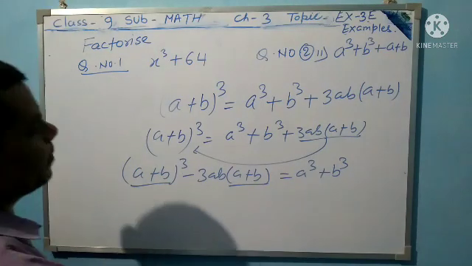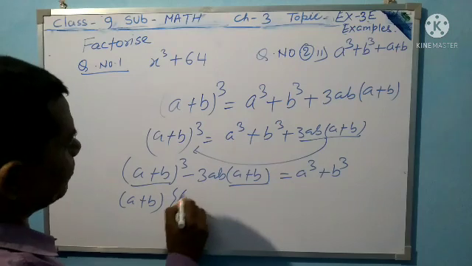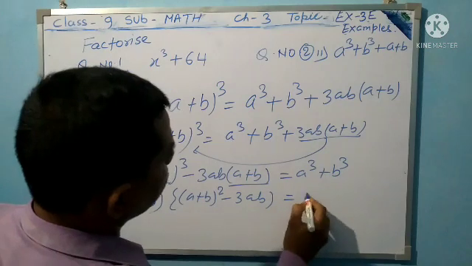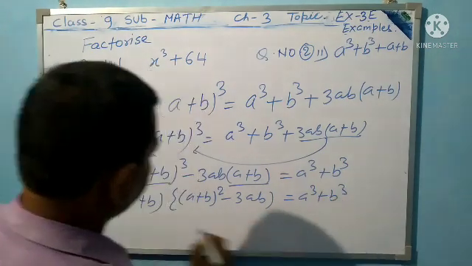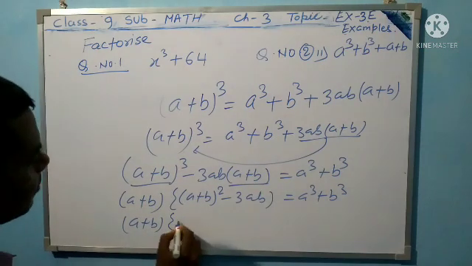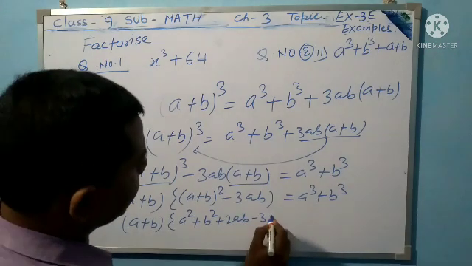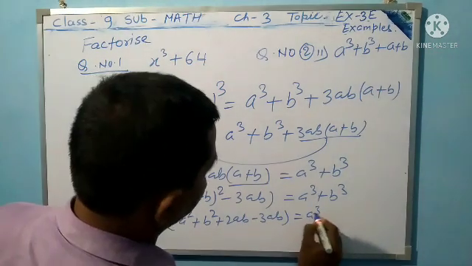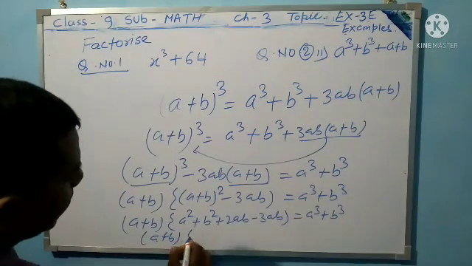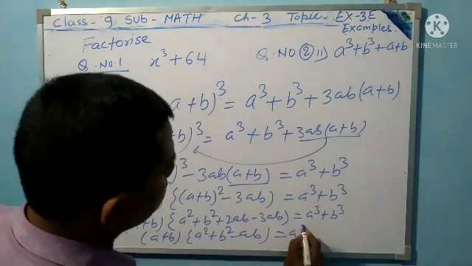So (a plus b) is common, taking it out: (a plus b) times ((a plus b) whole square minus 3ab) is equal to a cube plus b cube. Now (a plus b) times (a square plus b square plus 2ab minus 3ab) is equal to a cube plus b cube. So (a plus b) times (a square plus b square minus ab) is equal to a cube plus b cube.